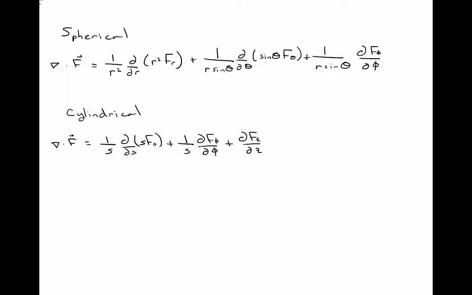Okay, so let's do an example. I'm going to start with an example where the arithmetic is not too bad and it's reasonable to make sense of it. Okay, so we're in spherical coordinates, see, because we have r and r hat.